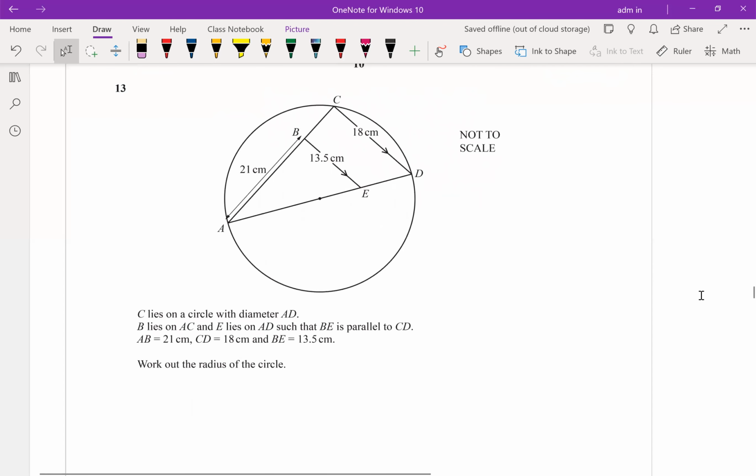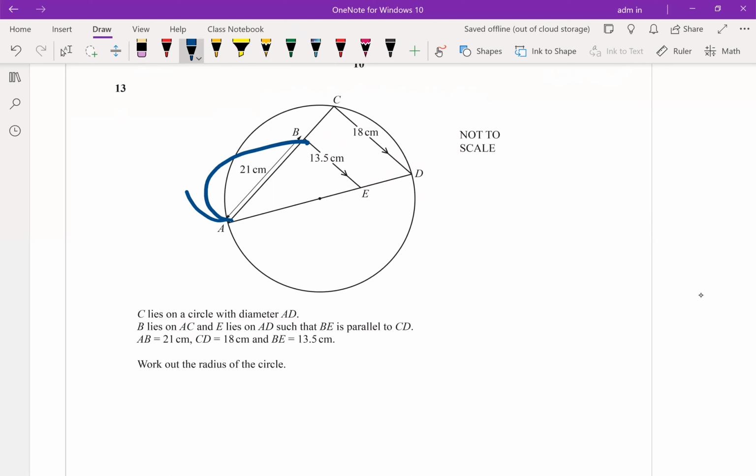Question 13. When you look at these triangles with given lengths, from which topic can you solve this one? Does anyone remember which lesson? Bravo. Similarity. If we have triangles and parallel lines like this, similarity. How to get the similarity ratio?